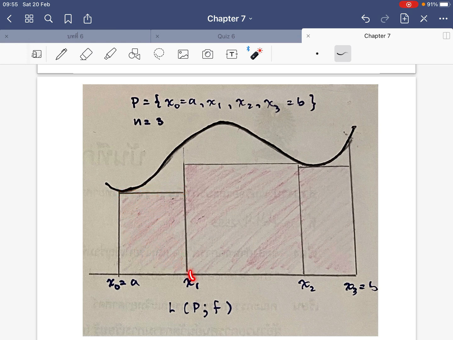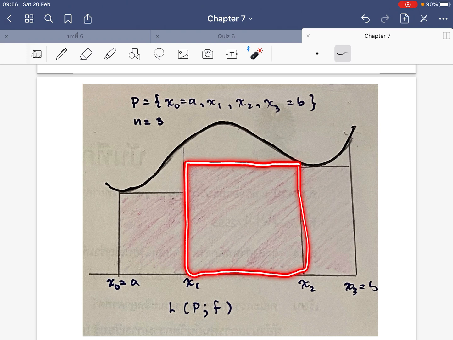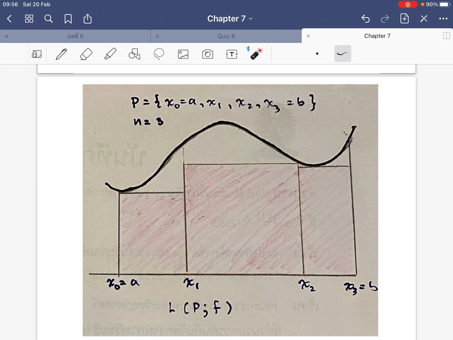How about over this subinterval, which one is the infimum of this function? It happened to be on this side, so from this side you draw a horizontal line and then create a strip here and find the area of this strip as well. And over the last interval, the curve looks like that, and the infimum is somewhere here.